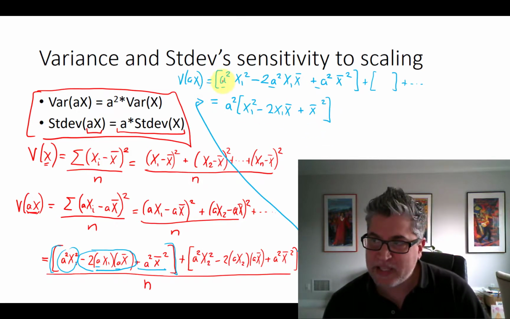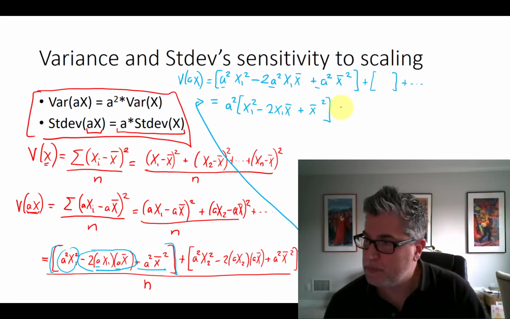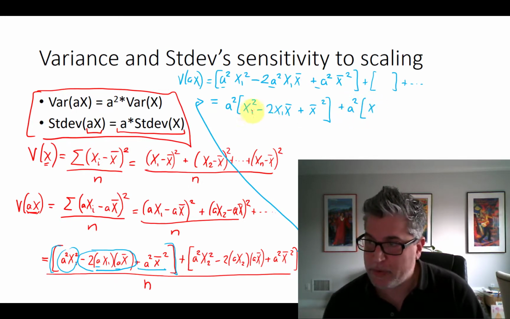So I can pull out that a squared from this term. I would also pull it out from here and from all the other similar terms. So now we're working with the second observation. So our little subscript changes to a 2.